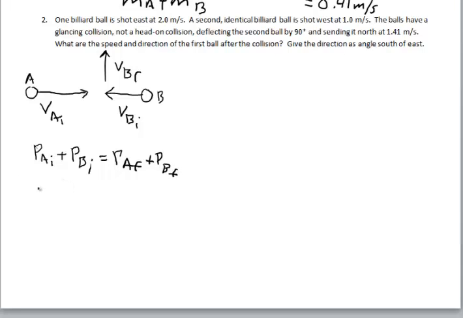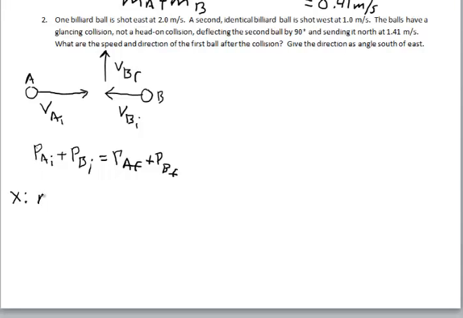So let's see, we go x and y direction. In the x direction, momentum is mass times velocity. Here you have identical balls, which is key, so that we don't have to worry about the masses.